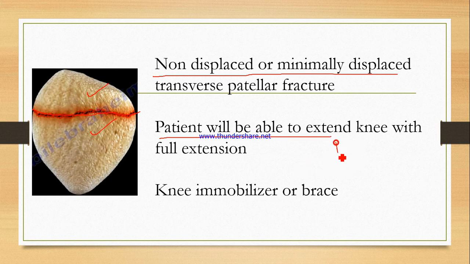Like if you sit normally, consider this is a chair and a person is sitting, so his leg is like this, this is your knee. Now if the patient is able to take the leg like this, and full extension is possible even though there is such a fracture, then we can consider it a non-displaced or minimally displaced fracture.